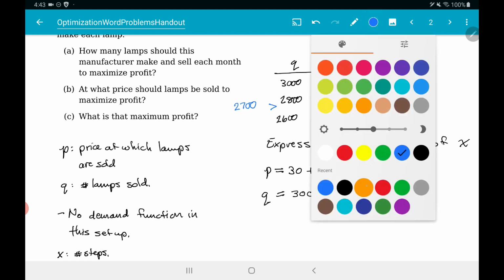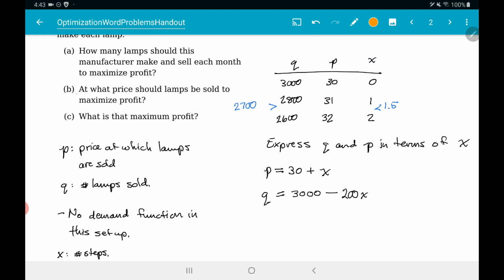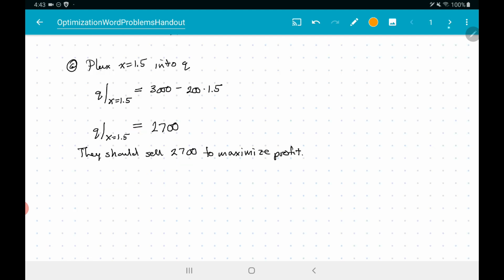Question B asks, at what price should lamps be sold to maximize profit? So what symbol should we evaluate? We're going to plug x into what function? We'll plug it into the price function, little p. So plug x equals 1.5 into p.